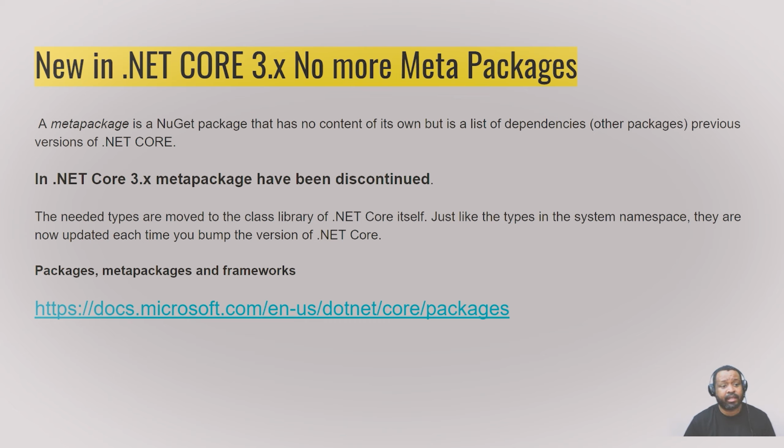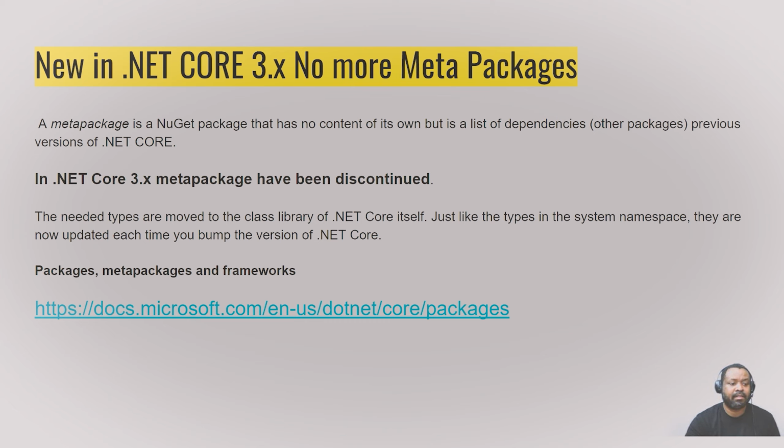The .NET Core 3.x meta packages are being discontinued. The needed types are moved to a class library of .NET Core itself. Just like the types in the System namespace, they are now updated each time you bump your version of .NET Core. So as you move up through .NET Core and install other versions, it just bumps it up.